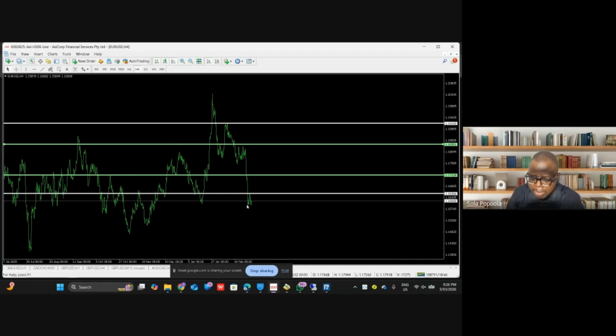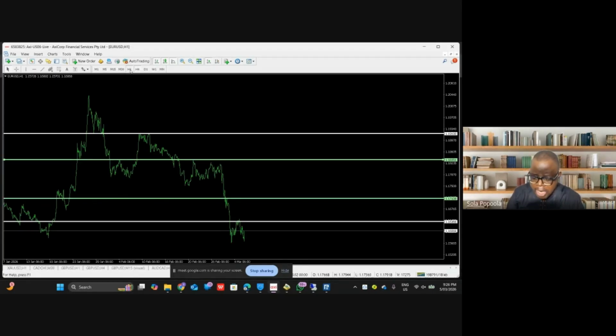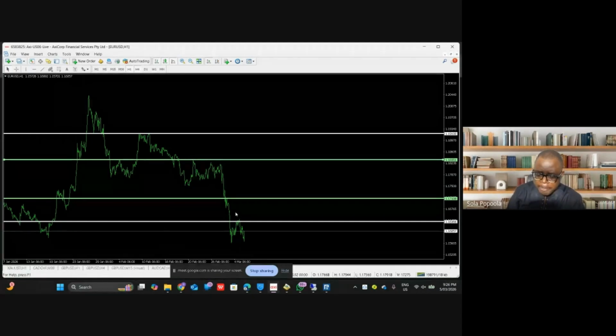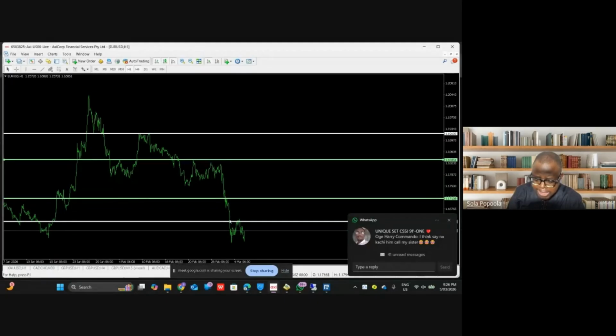See, this one came like as if it wants to write M. That's this line. But when I come to the 1 hour, see, it touched this line. Price came down here. This place has been a support before. Please note, it has been a support before. Now, price came, broke that line, and then went back to retest it.